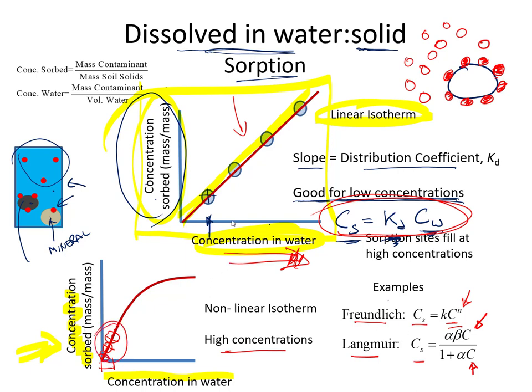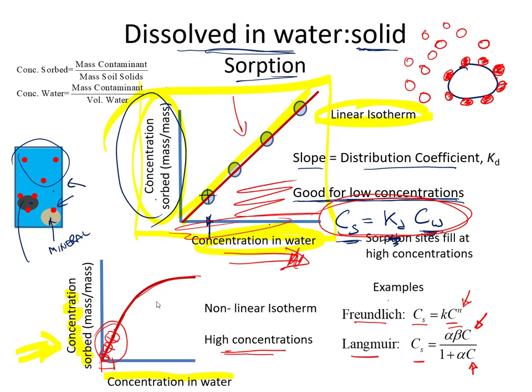So both of these will work for this case here, but they also include this effect that happens when you have high concentrations. Now, a lot of times in groundwater, when we're right in the vicinity of the NAPL, we could have some high concentrations there, but for the most part, in plumes, the concentrations are low.